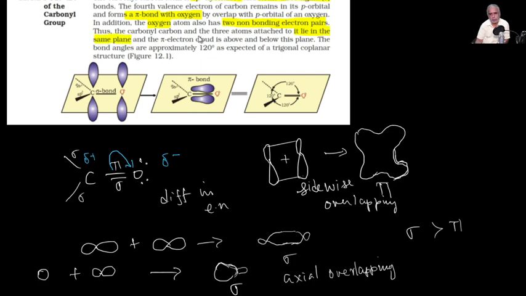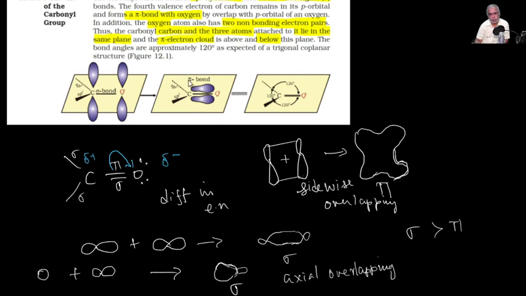Which lie in the same plane? The carbon atom and the other three atoms lie on the same plane. And the pi electron cloud is above the plane and below the plane.